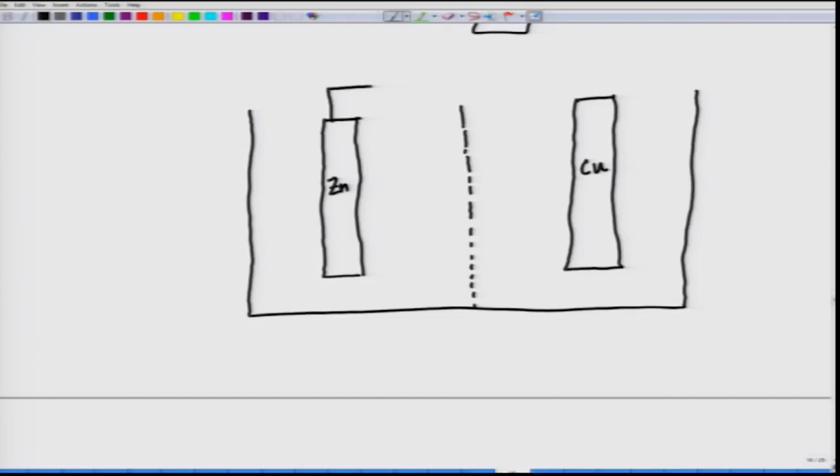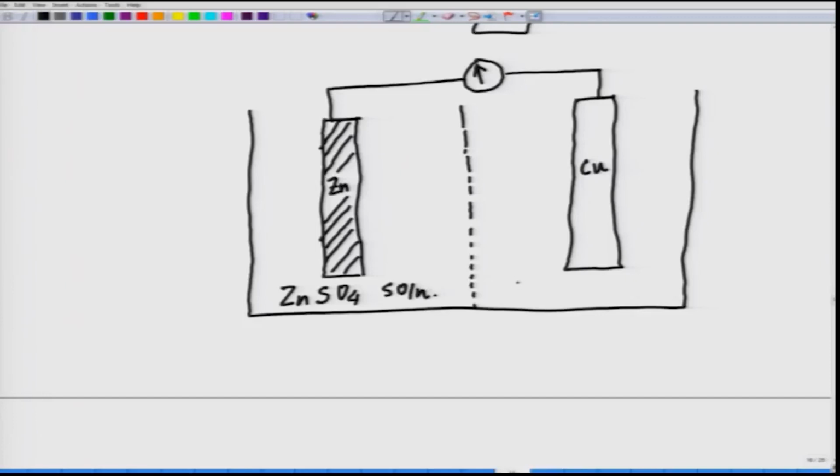And here you have an ammeter which is connected to it. This is a solid zinc rod out here, similarly a copper rod, and this is in zinc sulfate solution, ZnSO4, and similarly this is in copper sulfate solution.